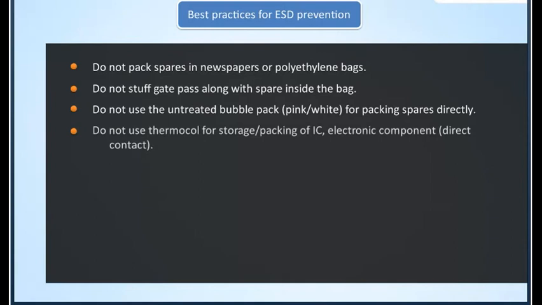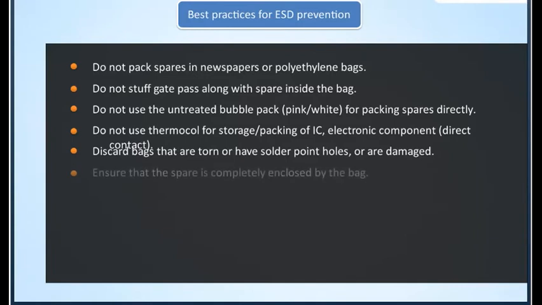Number 4. Do not use thermocol for storage or packing of ICs and electronic components in direct contact. Number 5. Discard bags that are torn or have solder point holes or are damaged. Number 6. Ensure that the spare is completely enclosed by the bag. Number 7.